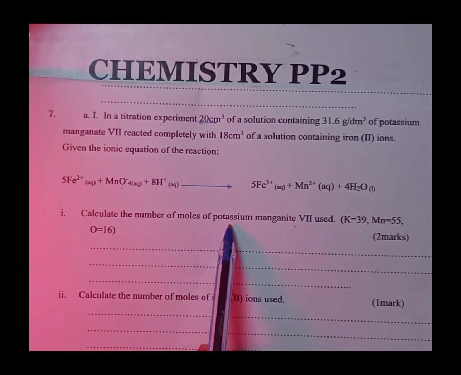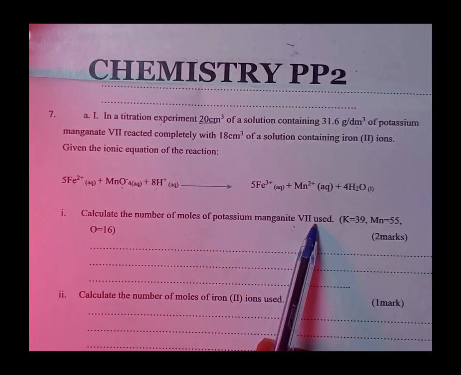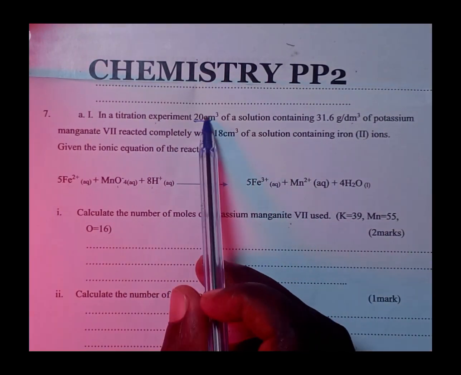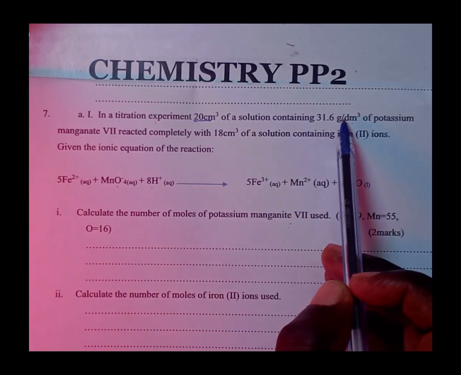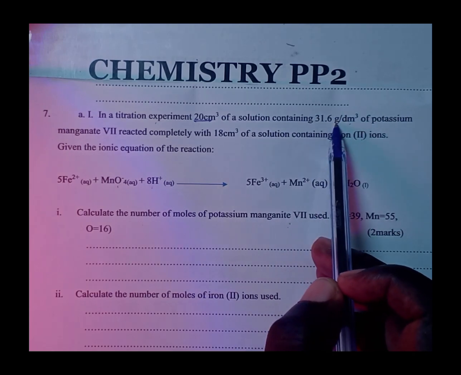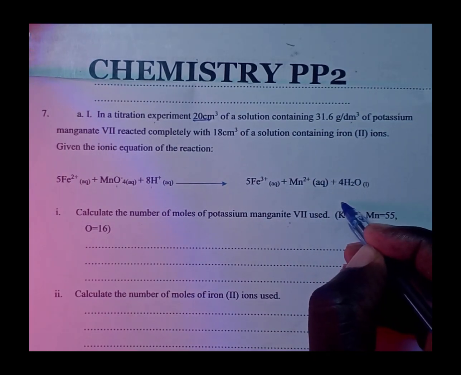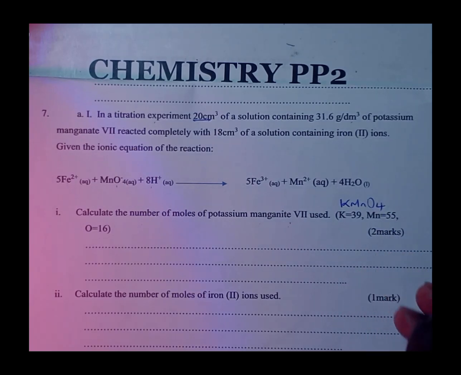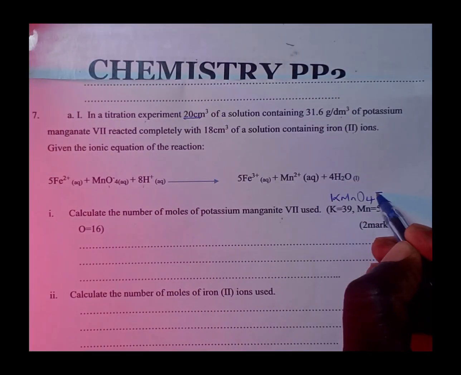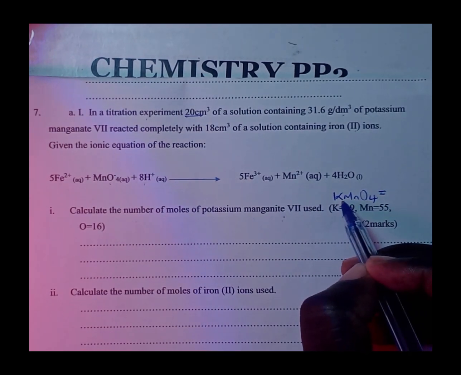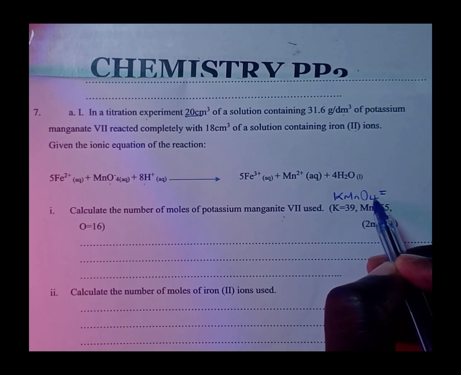Calculate the number of moles of potassium manganate(VII) used. Remember, the volumes are very important, and of course the number of grams in 1 liter of potassium manganate(VII) has been given. The formula of potassium manganate(VII) is KMnO4, and from here we can get the formula mass by summing up all the relative atomic masses of the elements present.